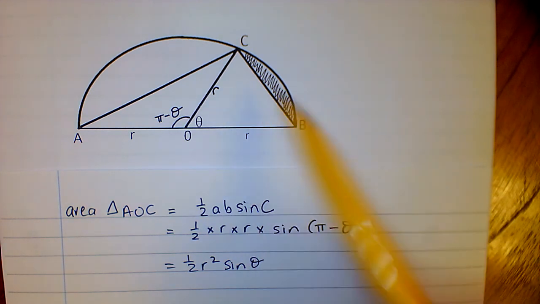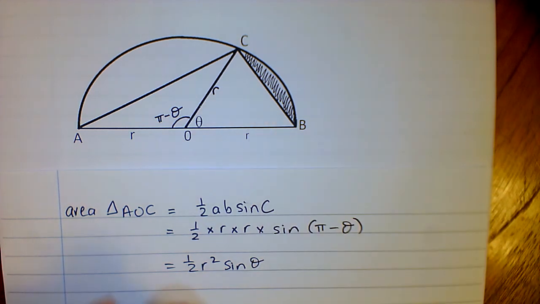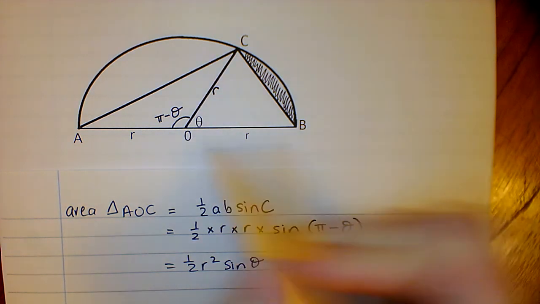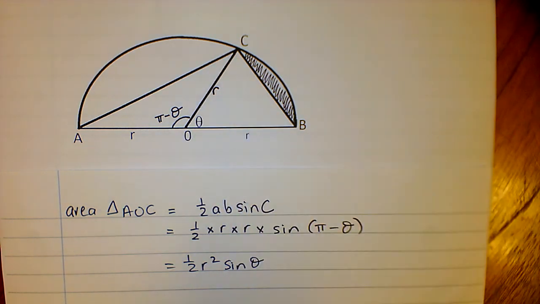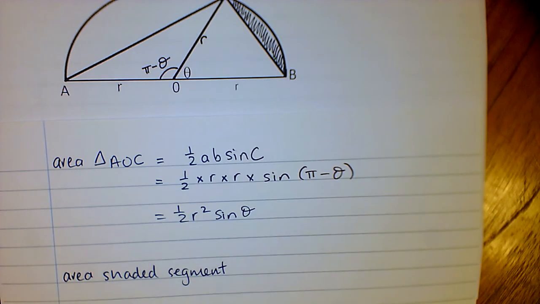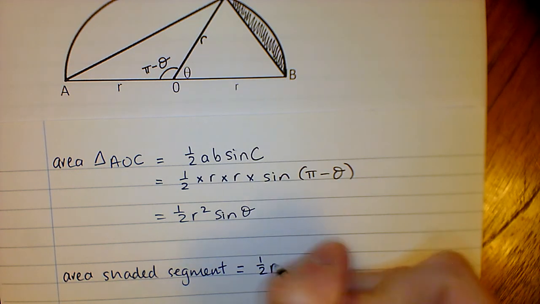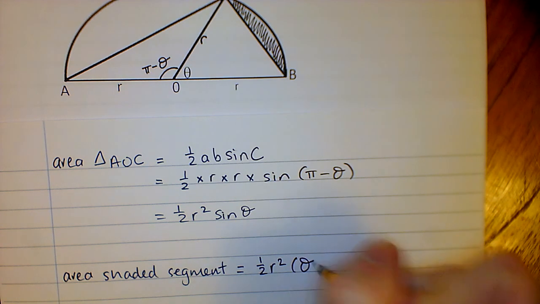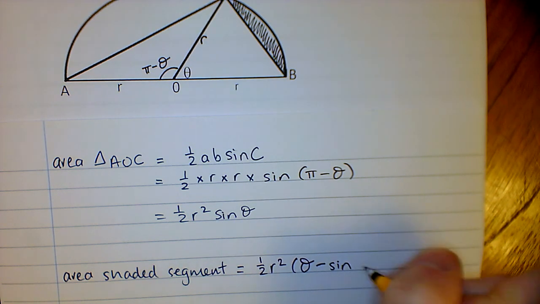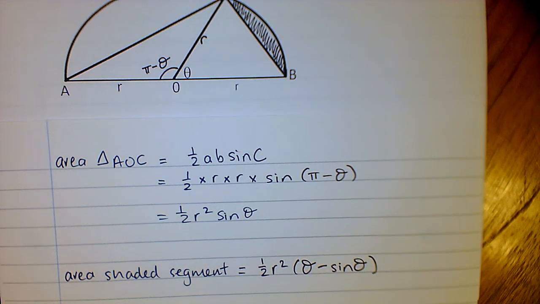So the next bit asks you about the shaded segment. So we're going to find the area of the shaded segment. So it's the area of the sector, take away this triangle in here. So that's going to be a half r squared theta minus sine theta.